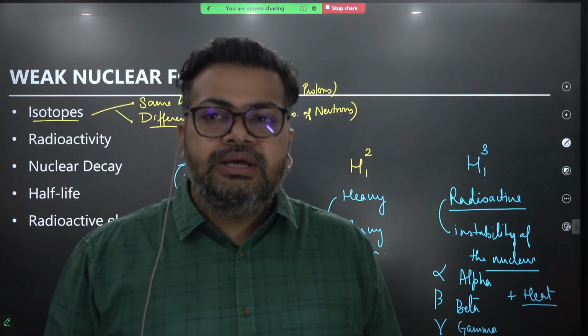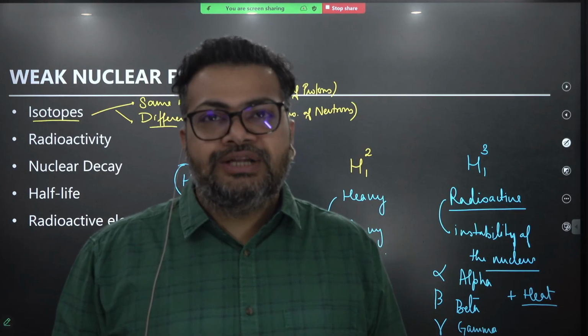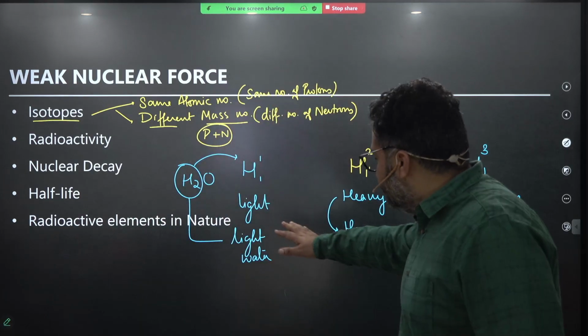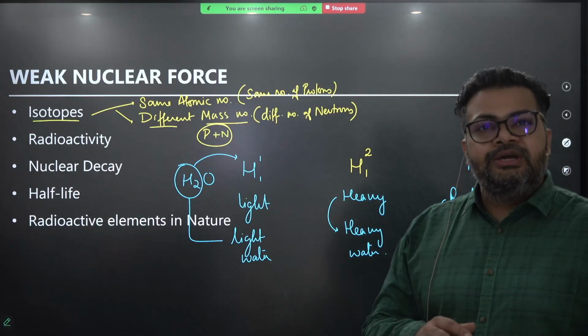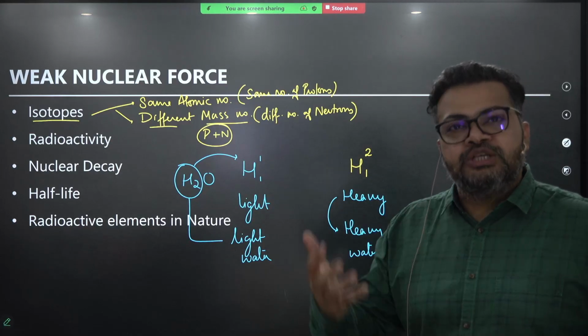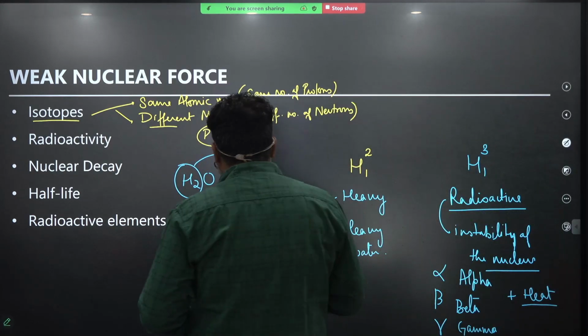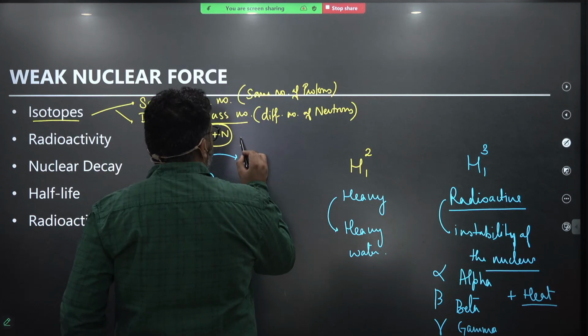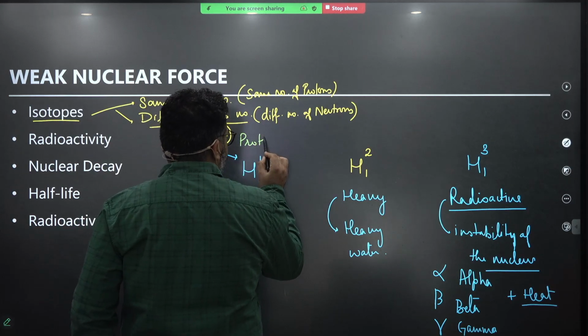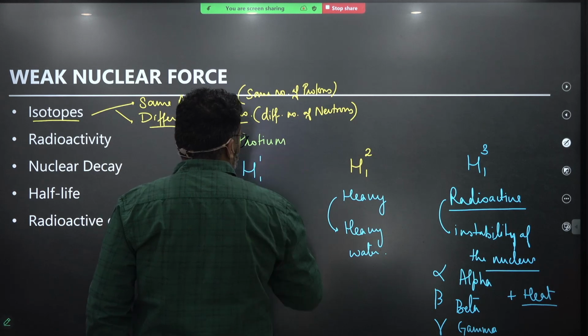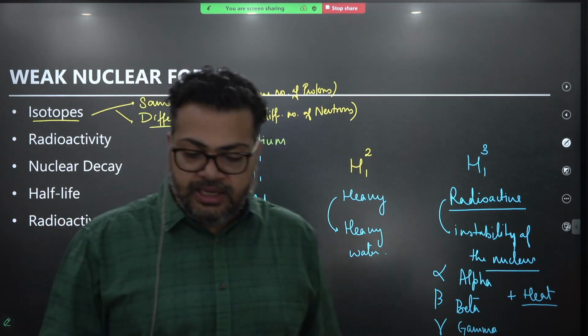Now let me give you the real names of these hydrogen isotopes. So far we call these light, heavy and radioactive, but these three isotopes also have their actual names. The light hydrogen's actual name is protium.